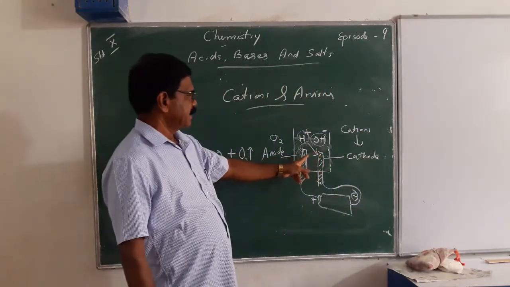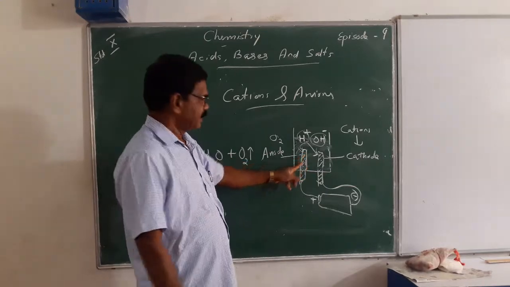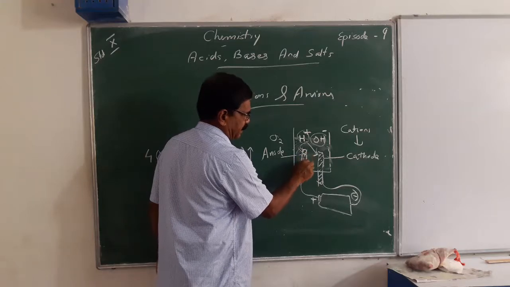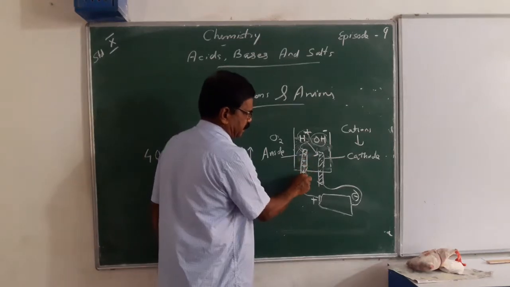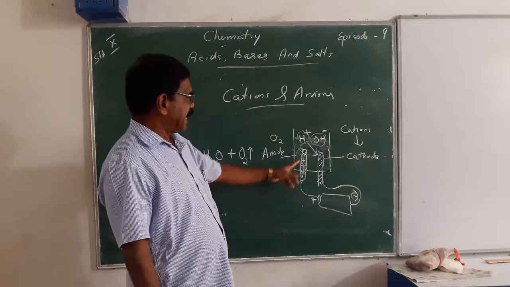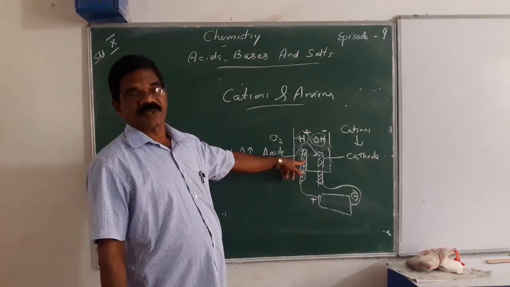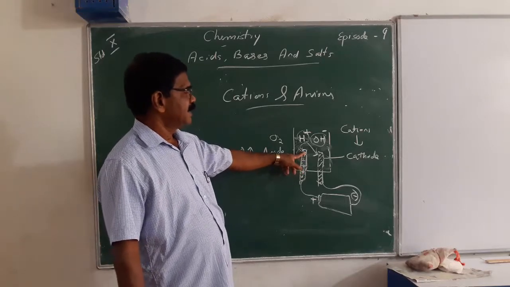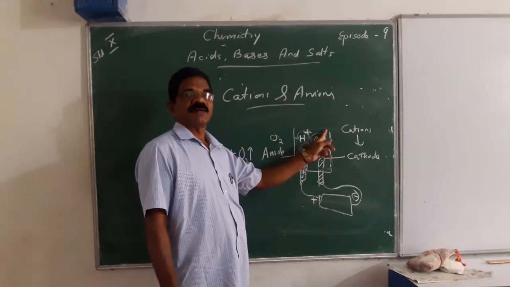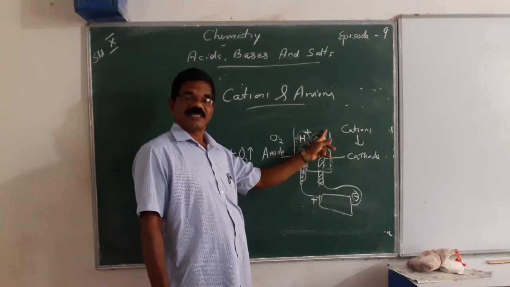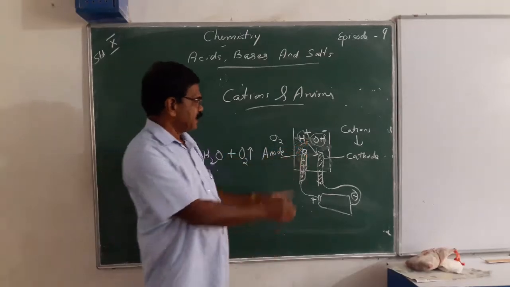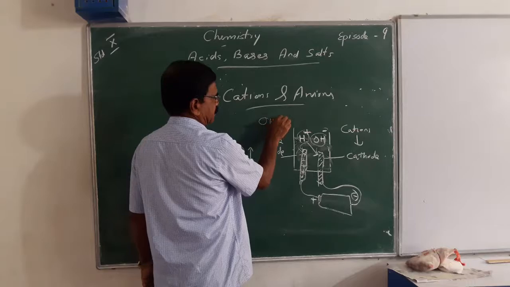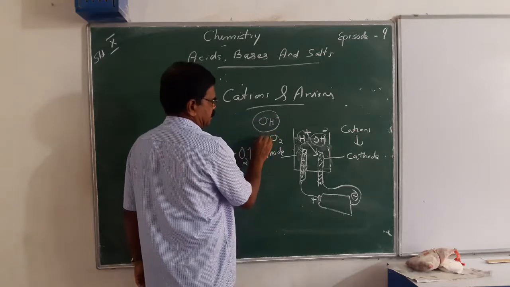At the same time, what is the charge of the anode? The charge of the anode is positive. How can it be positive? Because it is connected to the positive pole of the cell. Anode is the positive electrode. It attracts negatively charged ions. What are the negative ions? OH negative ions. So here OH negative ions are called anions.